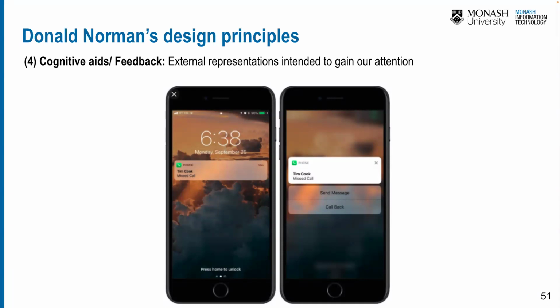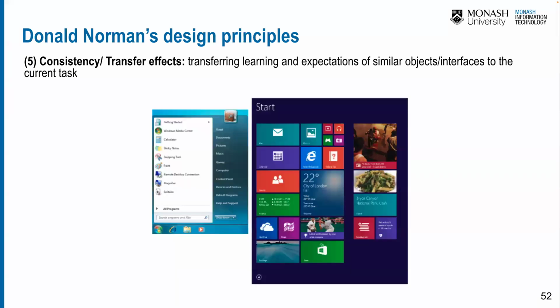This is a cognitive aid. If there is no button here, what does it mean? We need to unlock the screen, click the phone button, and type or find who gave us a missed call, and then click. So how many interactions, how many presses do we need to do? That's a lot. So that's why we try to provide cognitive aids as much as possible.